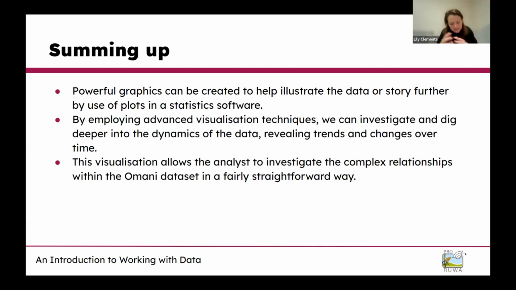So we can kind of see these different stories by using these plots. By employing these advanced visualization techniques, we can dig deeper into the dynamics of the data, revealing trends and changes over the time period. This visualization allows the analyst to investigate the complex relationships within the Omani dataset in a relatively straightforward way.